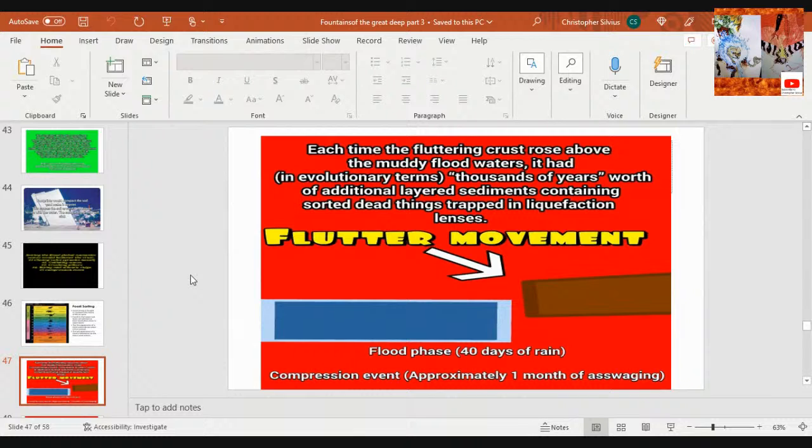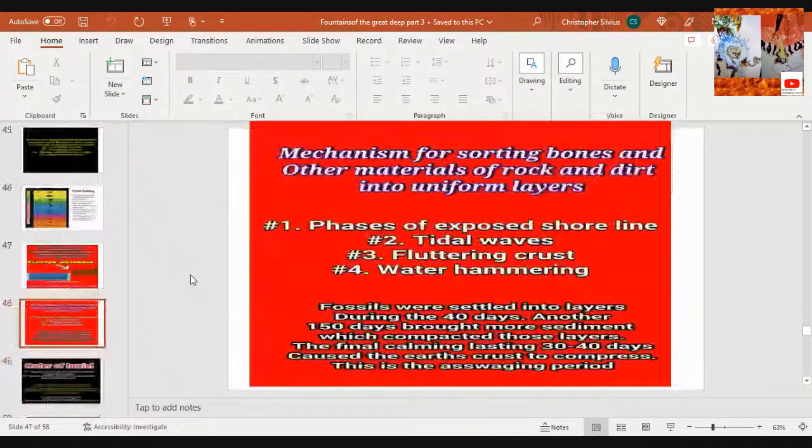This assuaging event, the compression event, which is the formation of the modern mountains, will further sort the utmost layers, the top layers, into detailed, uniform strata. This is the mechanism for sorting bones and other materials of rock and dirt into uniform layers.